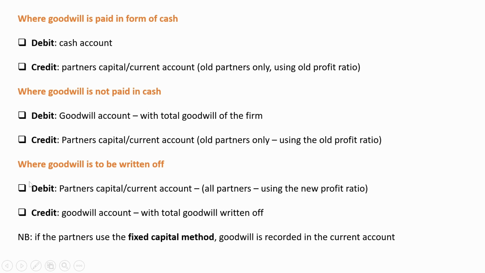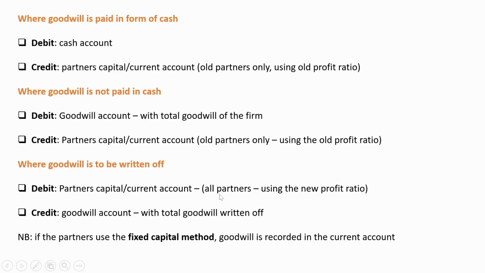After that, we go to the third scenario where goodwill is to be written off. For the goodwill to be written off, there must be a goodwill account. And a goodwill account is created in the second scenario where goodwill is not paid in cash. So in that case, when the goodwill is to be written off, these are the entries we are supposed to make. We debit the partner's capital or current account.